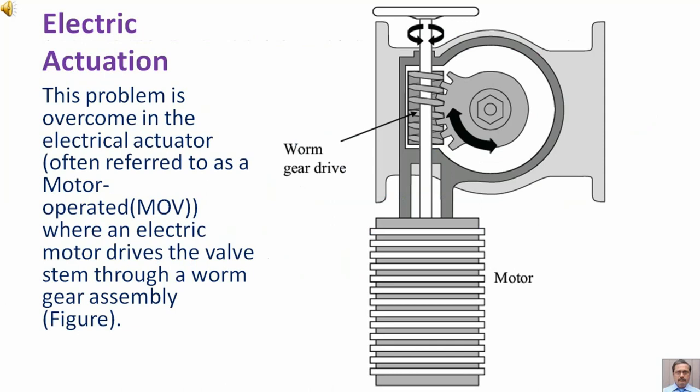This problem is overcome in the electrical actuator, often referred to as a motor operated valve, MOV, where an electric motor drives the valve stem through a worm gear assembly as shown in the figure.